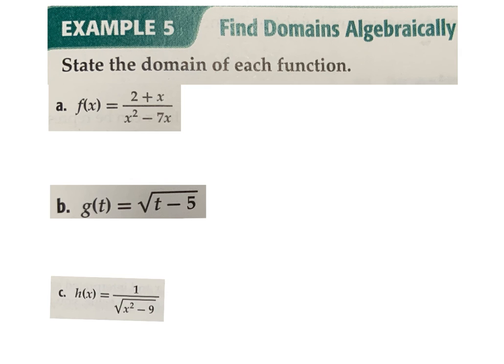For A, you have an implied limitation because something in that denominator would cause a problem. What causes a problem in the denominator? 0 causes a problem in the denominator, right? It doesn't matter that you have an x squared. It matters that it can't be 0, right? Why can't it be 0? Because you can't divide by 0, right?